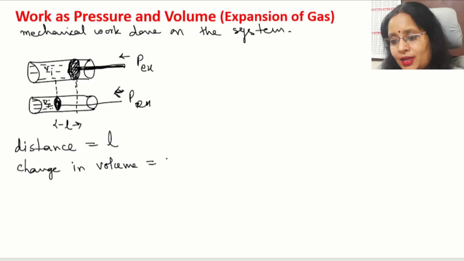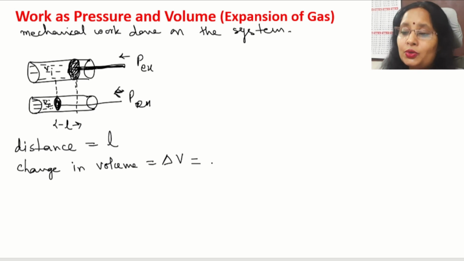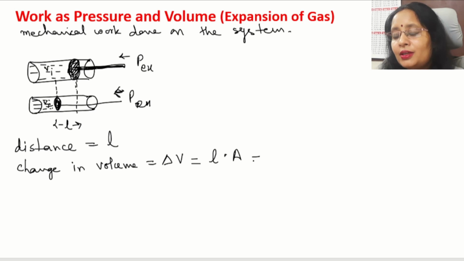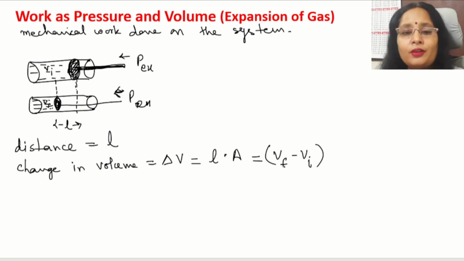We can mention it as delta V. Volume is equal to the distance into the area of cross section of the system, so volume is equal to length into area. This we also mention as V final minus V initial, final volume minus initial volume. This is the change in volume.